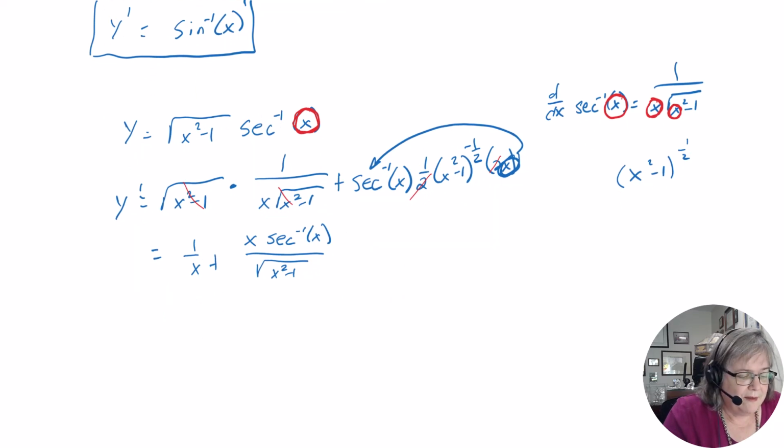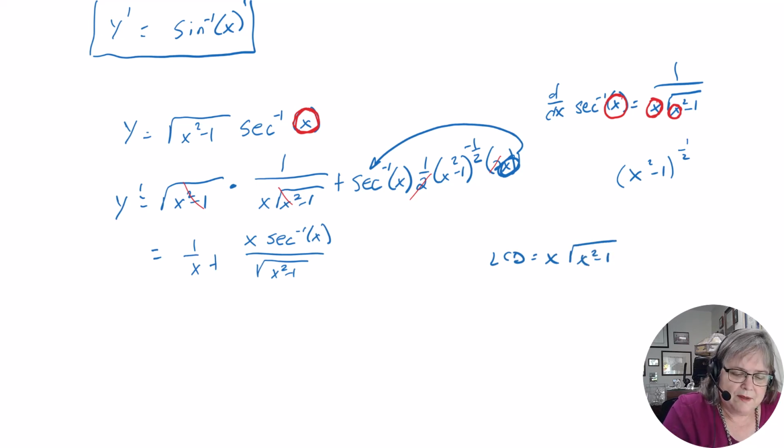Now, to be honest, I let my students off the hook for returning it to the original form for these, because I'm just glad they got all the moving parts into the right place. But if your teacher wants it to look more like a single entity as opposed to two fractions, then your least common denominator is x times the square root of x squared minus 1.